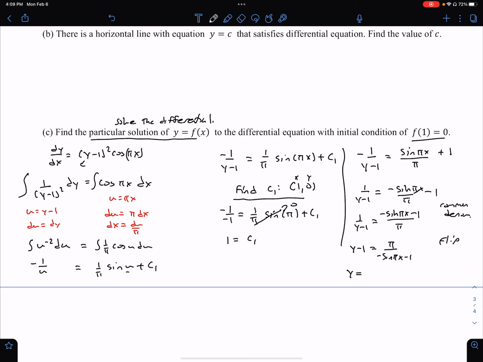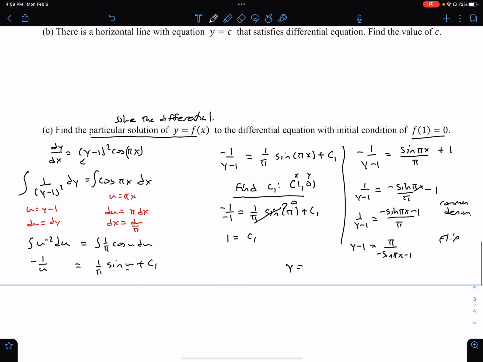And then I add 1. We would get y equals pi over negative sine pi x minus 1 plus 1. And there we have it. All that for 1 point. All right, hope you guys enjoyed this video.